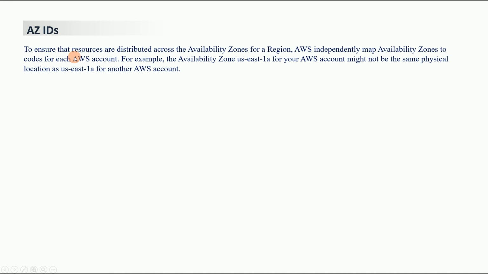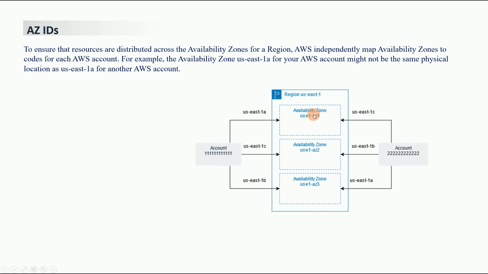Now AZ IDs. To ensure that resources are distributed across the availability zones for a region, AWS independently maps availability zones to codes for each AWS account. For example, the availability zone us-east-1a for your AWS account might not be the same physical location as us-east-1a for another account. You can see here, the region is us-east-1. There are 3 availability zones in this region: us-east-1a, us-east-1c, us-east-1b.